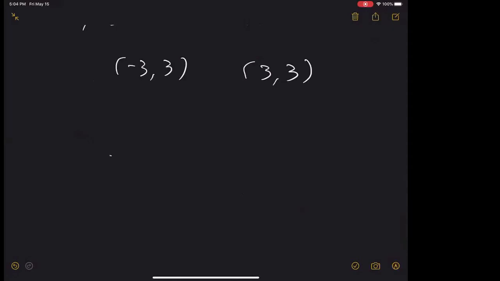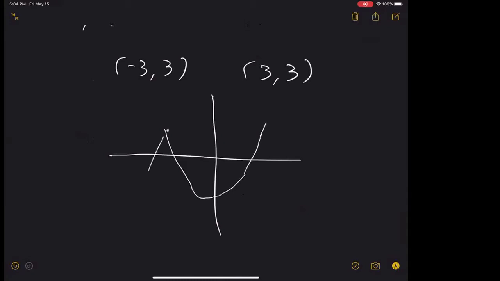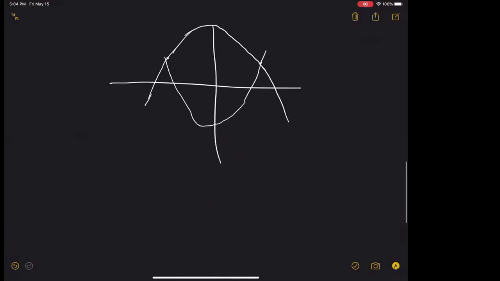So I get a better picture of my curves now. They intersect up here at these points, 3, 3 and negative 3, 3. All right, so I've just improved my picture a little bit here.